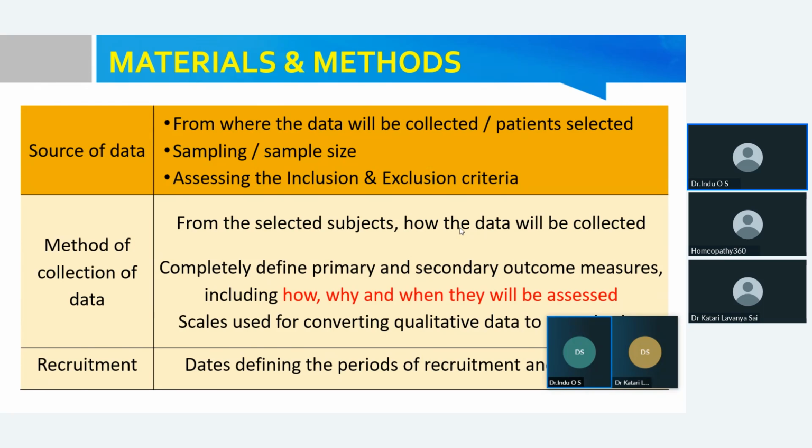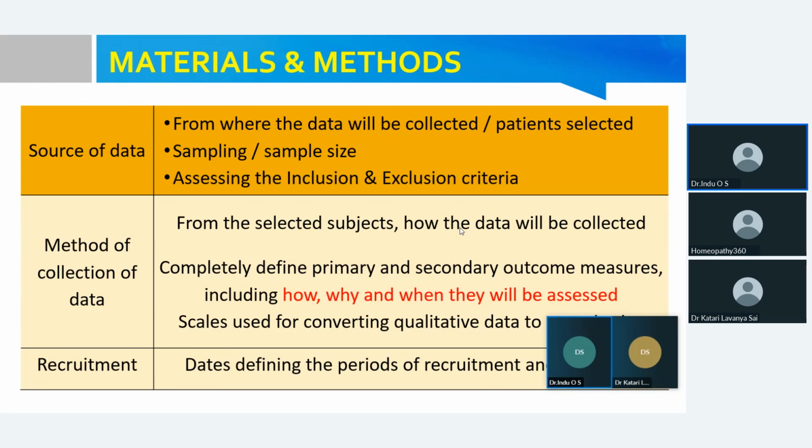We can give some scoring: between 0 to 3 it's mild, 3 to 6 moderate, and 6 to 10 severe. Like that, we give some scoring and numbers. So we can make qualitative data or some sensation into quantitative, with some numbering system. All these things come under method.